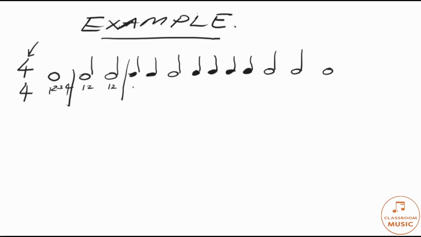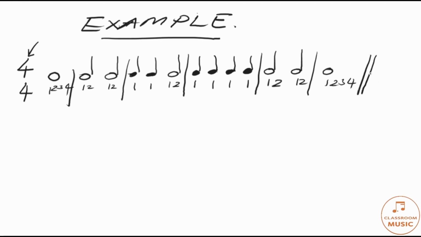Those are 4. Bar line. 1, 1, 1, 2. Those are 4. Another bar line. 1, 1, 1, 1, 4. Bar line. 1, 2, 1, 2, total is 4, another bar line, 1, 2, 3, 4, double bar lines.